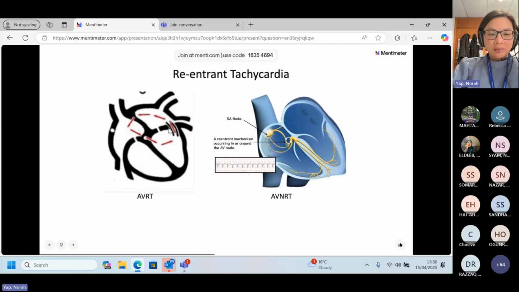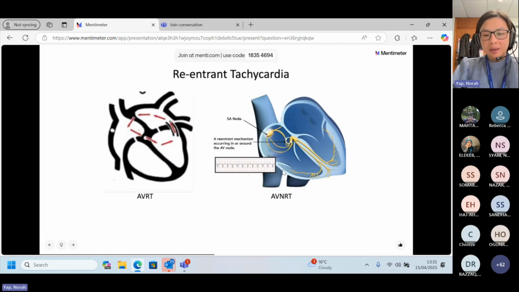It's often started by some sort of atrial ectopic, and it just so happens that the accessory pathway is not refractory. So the atrial ectopic goes down the AV node, and the accessory pathway happens to be awake, so it goes up through the accessory pathway to the atrium again and starts off a reentrant tachycardia.